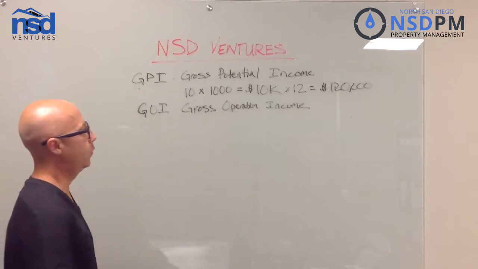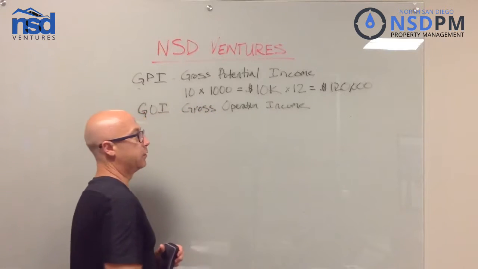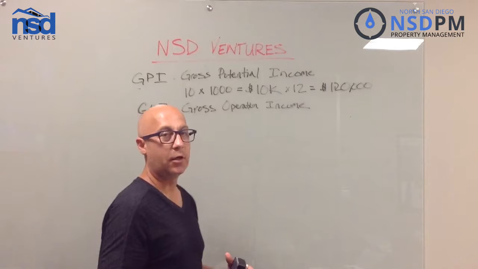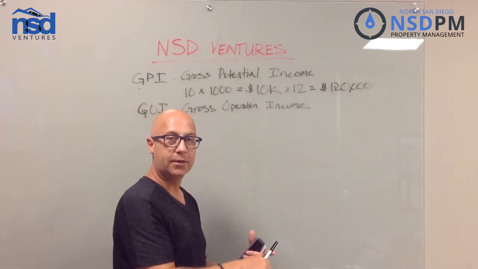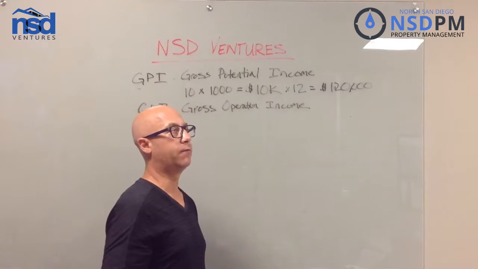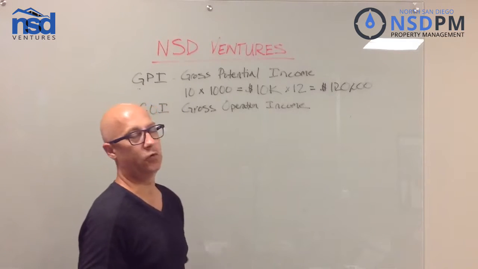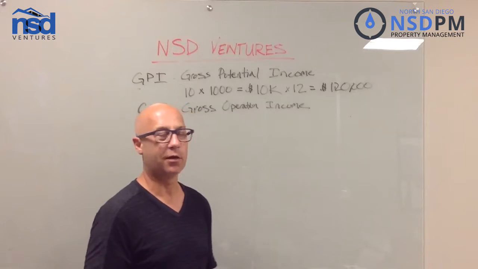What's the difference here? Well, we're still going to take the 120,000, but now we need to minus our expenses. Now, not all of our expenses. This is just going to be your vacancies, or like if people aren't paying rent, right? So just kind of a good rule of thumb is about 10%.